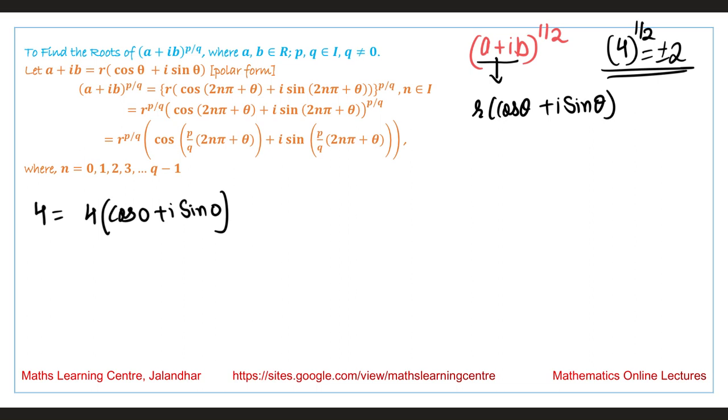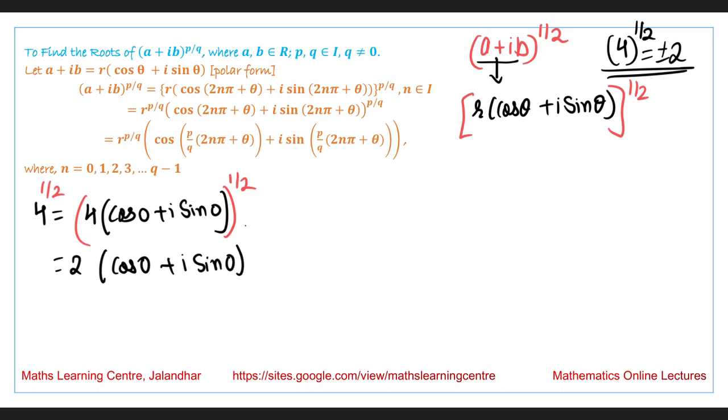Now we have to take its root. The power over here is 1/2, this whole raised to the power 1/2. So the answer we get in this case is 2 times (cos 0 plus iota sin 0) raised to the power 1/2.